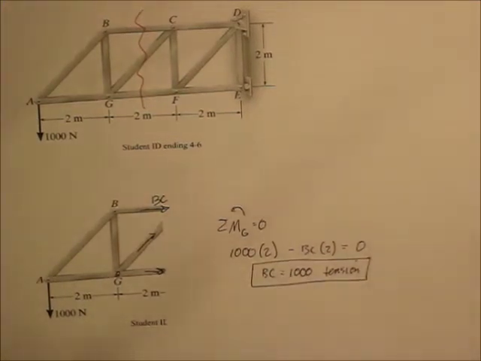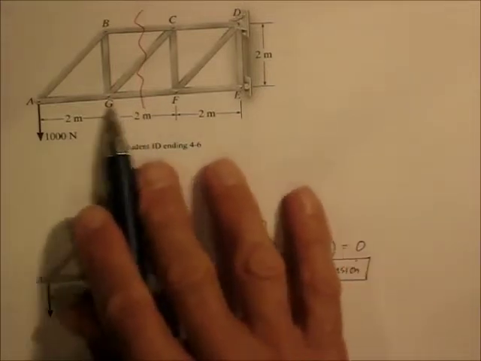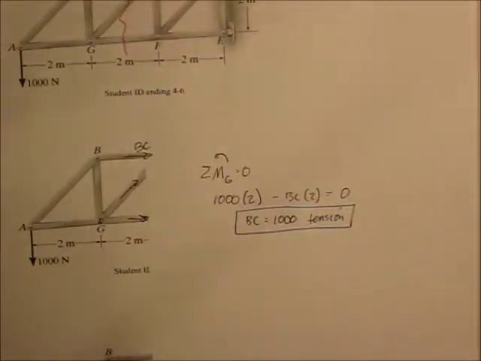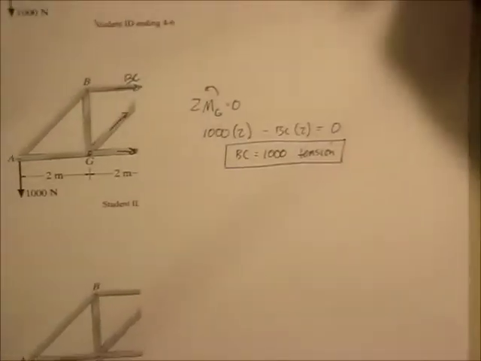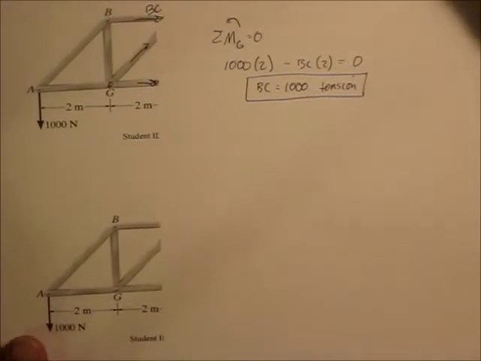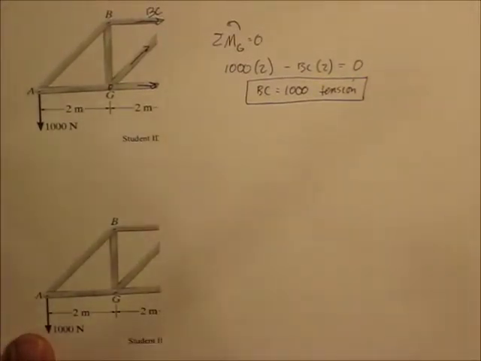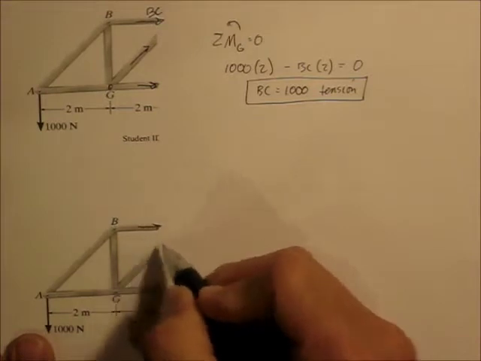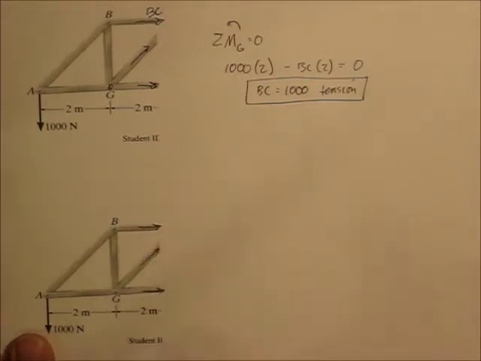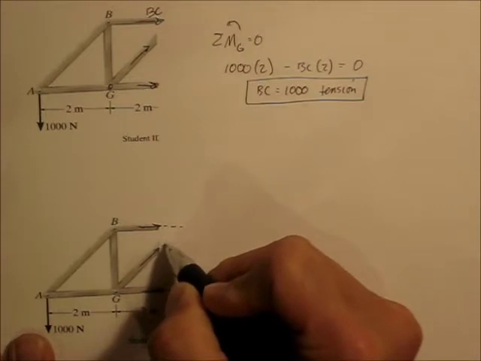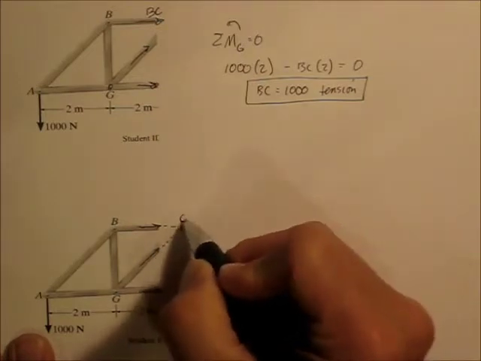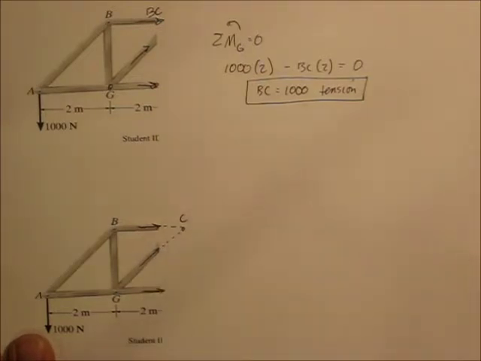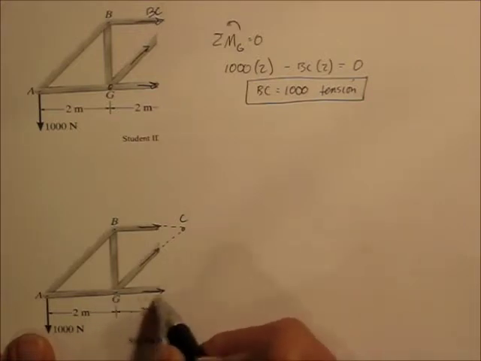Okay, pretty easy to do. Let's find the force in GF. I'll use the same section for that, and I can move it down here. Let's sum the moments about a point off the body here, which is point C, and I can find the force in GF, which is right here.